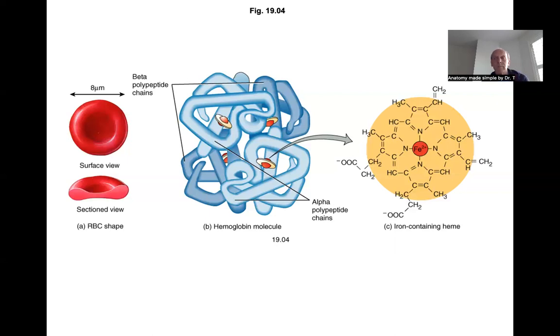Inside a red blood cell, since it doesn't have a nucleus, we know it came to the end of its life cycle. It won't be able to multiply, so it's in the G0 phase. There is a very interesting molecule, the molecule of hemoglobin.